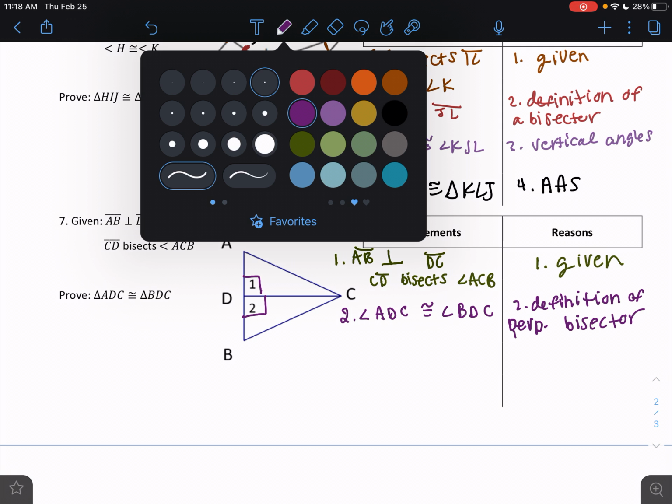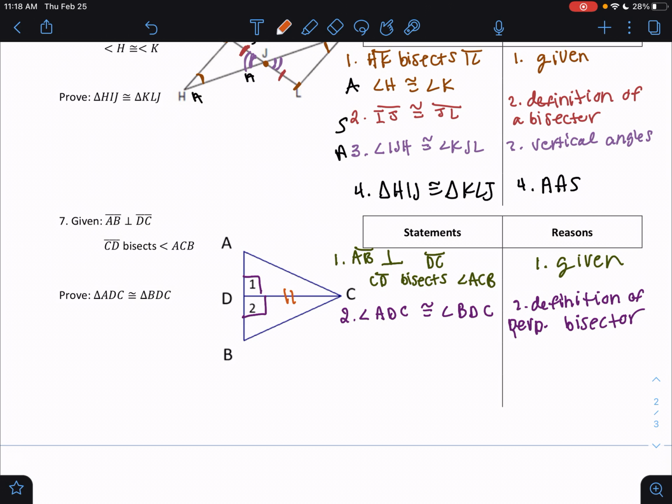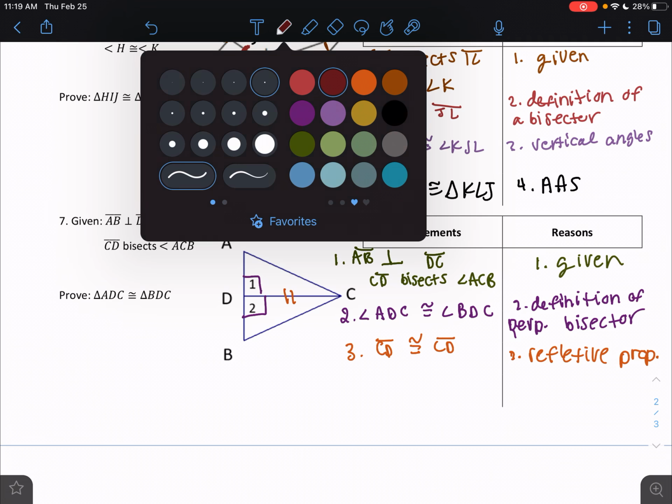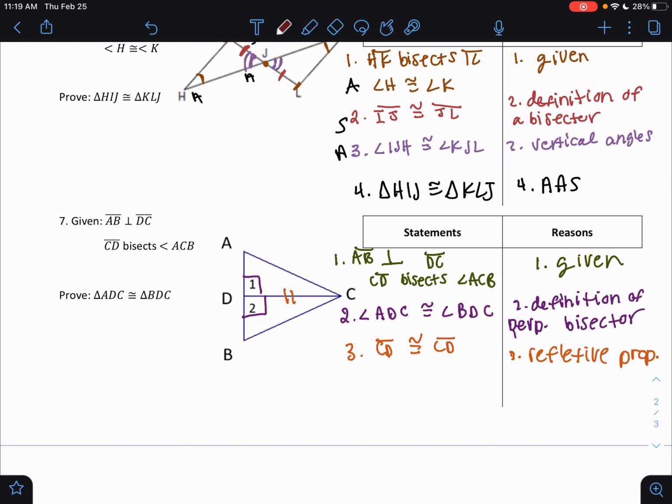And then I see the reflexive property right here. So CD is congruent to CD. Reflexive property. And then finally, we want to do something with the CD that bisects ACB.